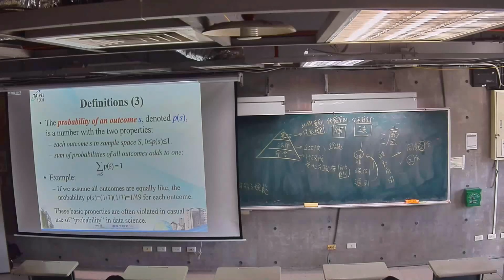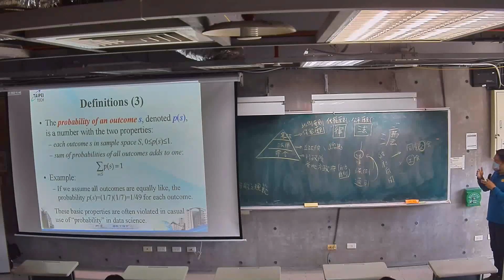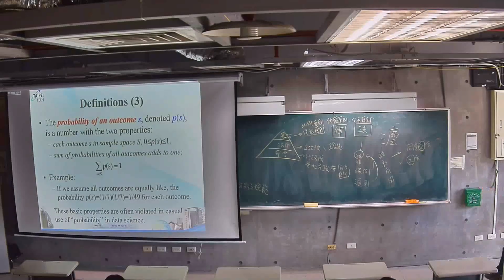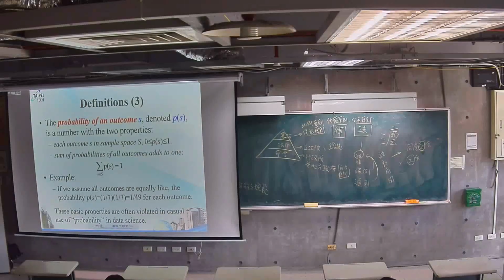So if you would like to see whether the function you give for the sample space is a probability, the first thing you need to check is that for each outcome, we associate a real number, and that number is in between 0 and 1. That will be the first property you need to check.